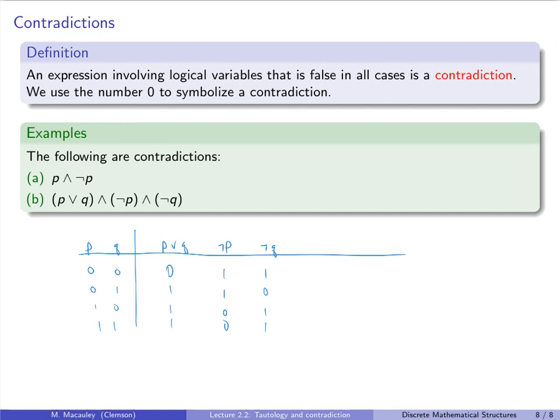And then if we are going to AND these expressions, let me call this one, using our notation from earlier, C. This is just the AND of these three entries. And in all of these cases, we get 0 because at least one of them is going to be false. So we will write that C is equivalent to 0, a notation that I will introduce in the next lecture.